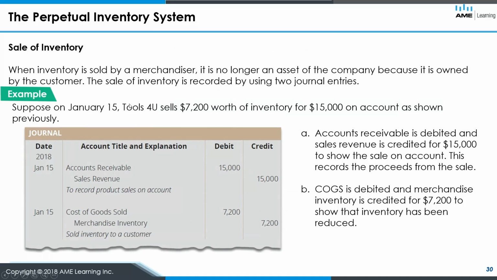Okie dokie. So we looked at this already basically, but we'll review this again. The sale of inventory is that same 4-line journal entry. As you can see, they break it out into 2 separate journal entries basically, but they're really the same transaction. But this portion is the sales revenue and the AR, the accounts receivable.